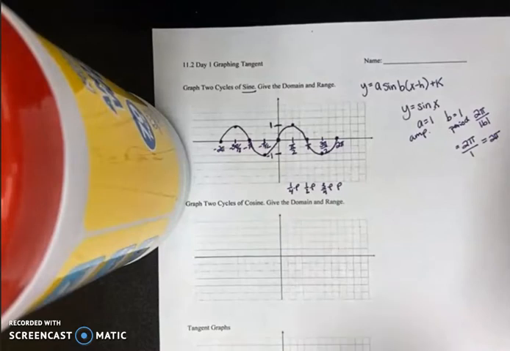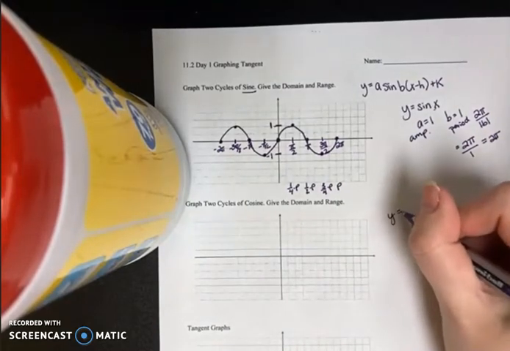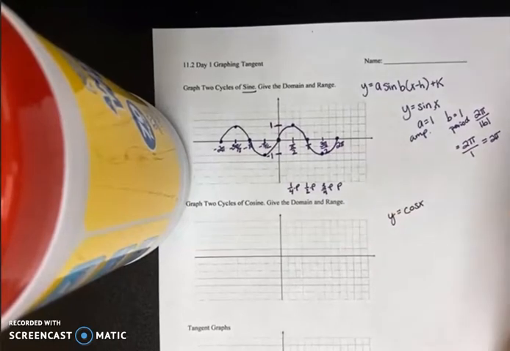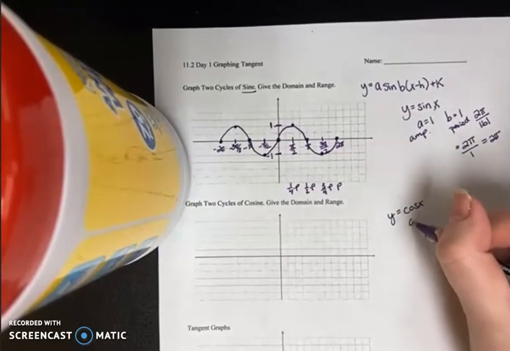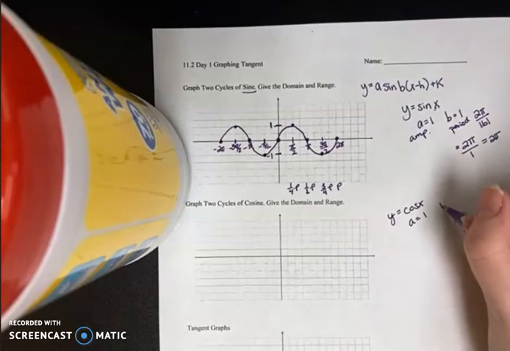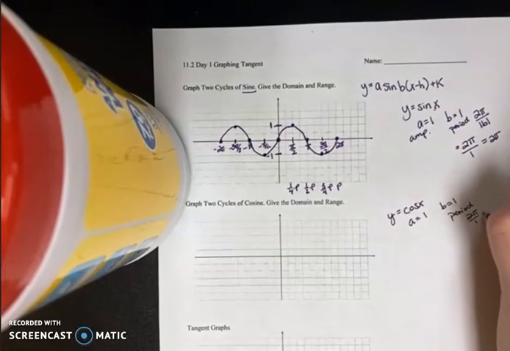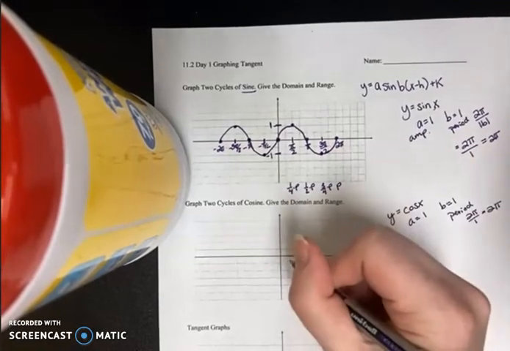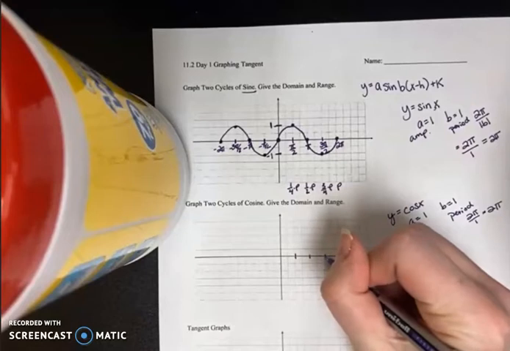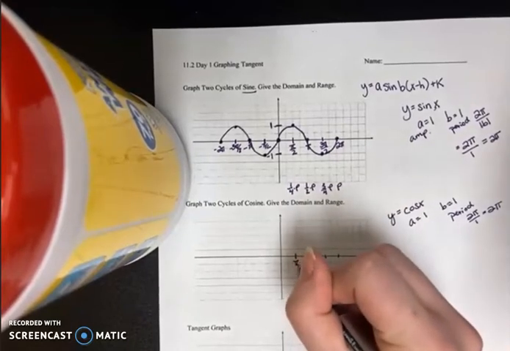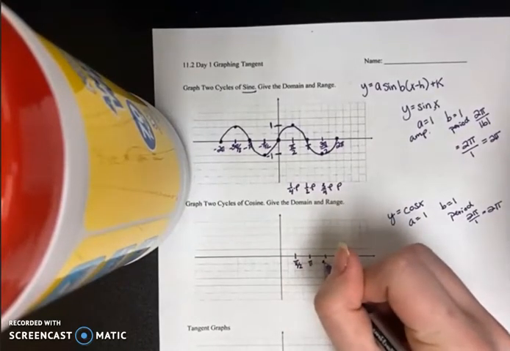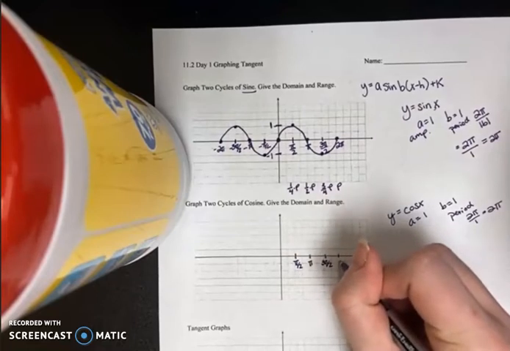Let's do cosine. So I'm going to do the parent function of cosine as well. It's the same thing where A gives you the amplitude and B impacts the period. So the period here is 2 pi over 1, which is 2 pi. Same thing as well with the scale: 1/4, 1/2, 3/4, and the full period length.